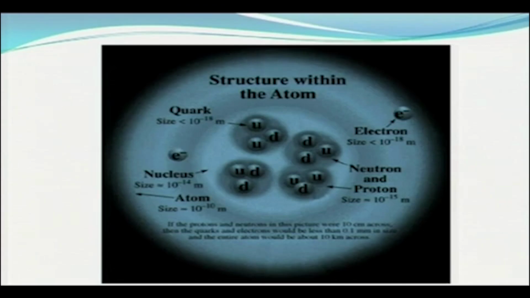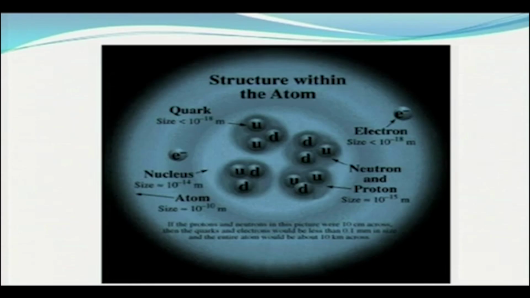When we look at these nucleons closer, we will see that they have further structure, and they are made of what are called quarks. For example, a proton has 3 valence quarks, which are denoted by U, U and D in this picture.